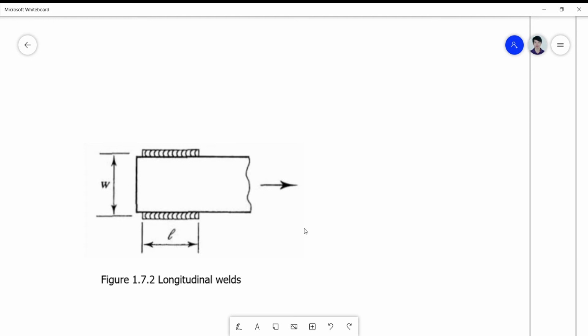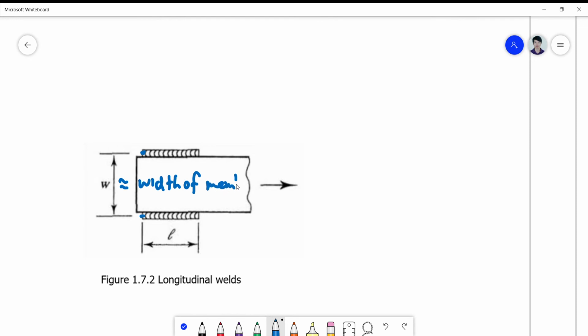The spacing of the weld is approximated to be equal to the width of the member. If this is a plate or an angle, it's simply the width of the member.